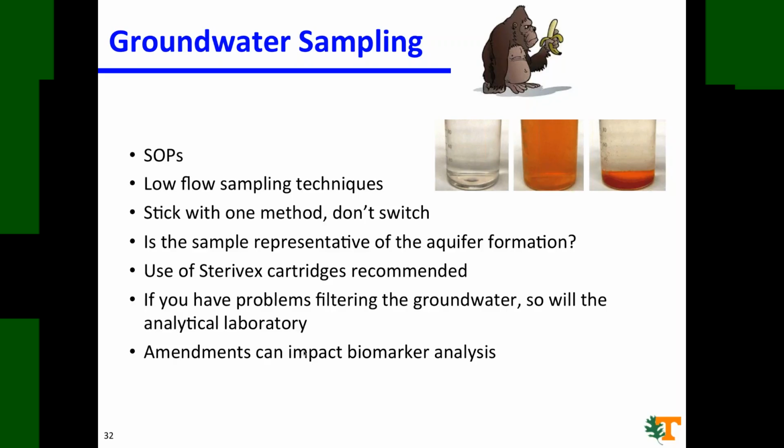I had a sample recently where people injected emulsified zero-valent iron, which made it very, very difficult to extract DNA. So amendments can impact biomarker analysis. And I think those are the issues we have to worry about most when it comes to data variability when we apply qPCR approaches.